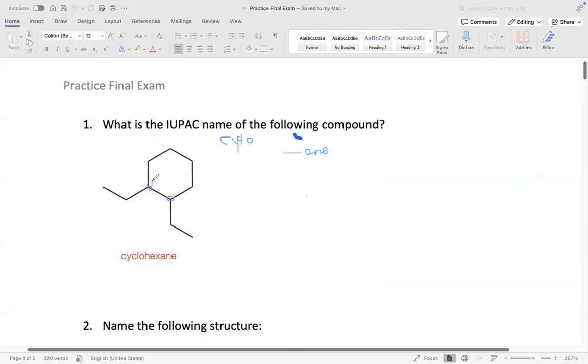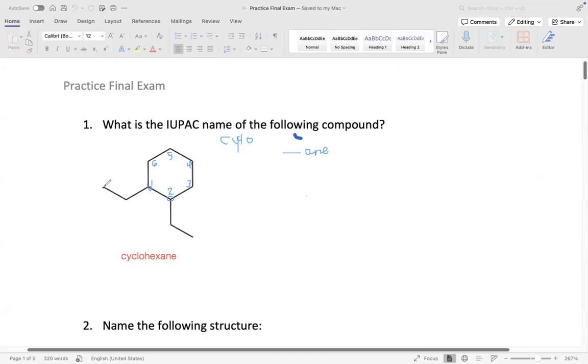If I make one number one, I should go to the next one next, so I could call this two rather than going all the way around the other way. So we're going to go one, two, and keep numbering: three, four, five, six. We already determined it's a six-member ring. So now I know that I have a branch coming off of carbon one and carbon two.